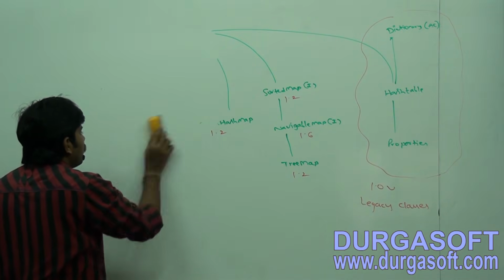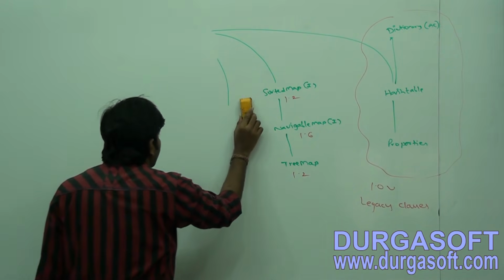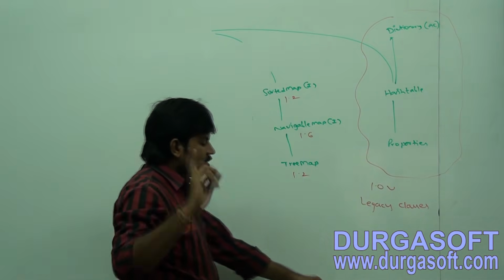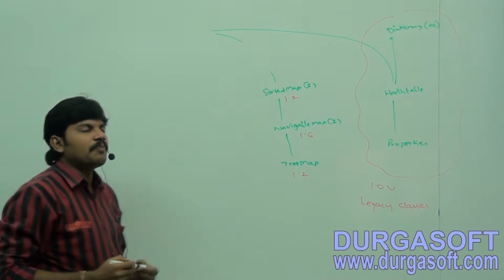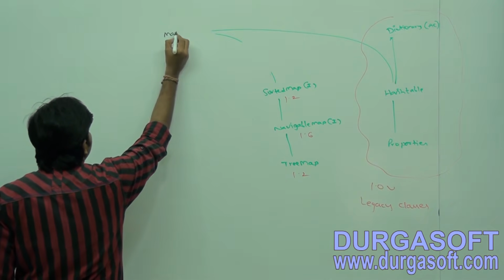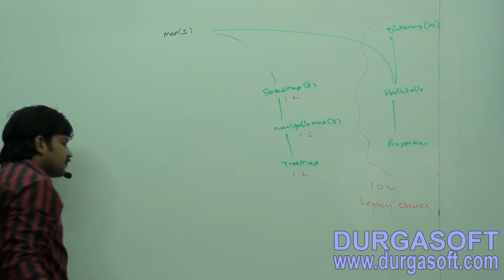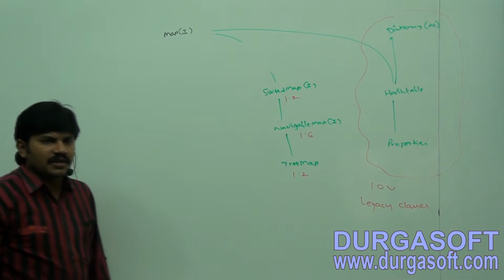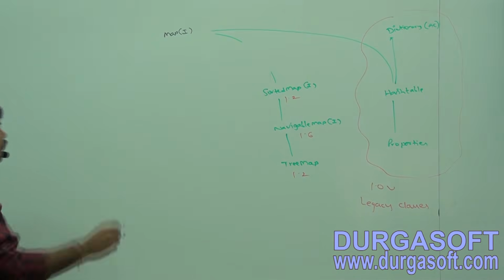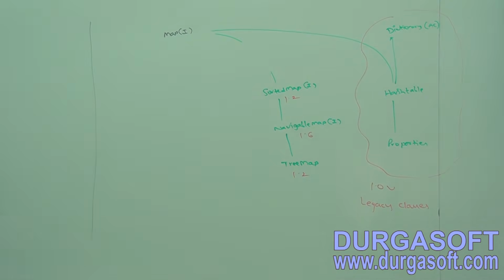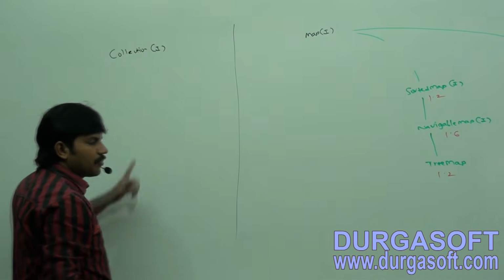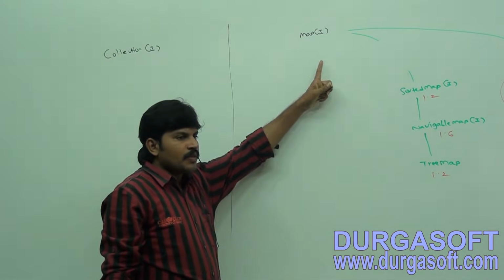Now let me talk about the introduction to Map. The first very important point you should be aware of: is Map a child interface of Collection? No. In our Collection Framework, the first half is Collection and the second half is Map.